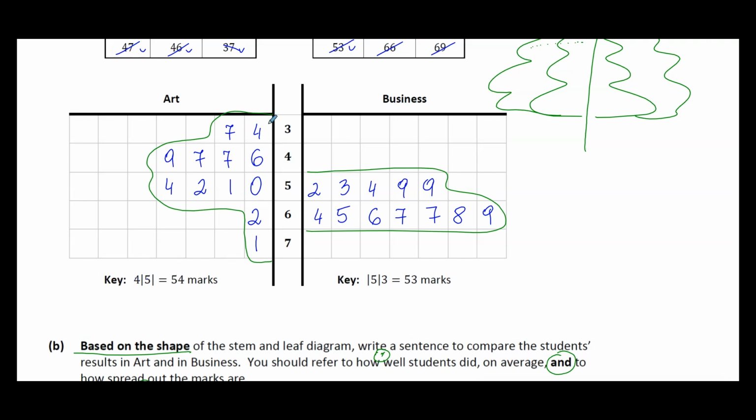And then the spread: in art, the marks are spread more because we have some in the 30s, some in the 70s, while in business, it's not as big a spread because all students got marks in the 50s and 60s. In your own words, even if it is a few sentences, as long as you talk about those two aspects.